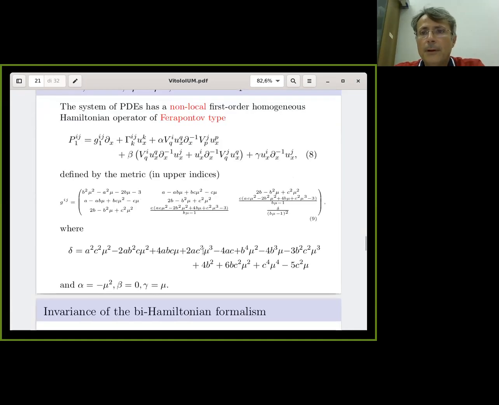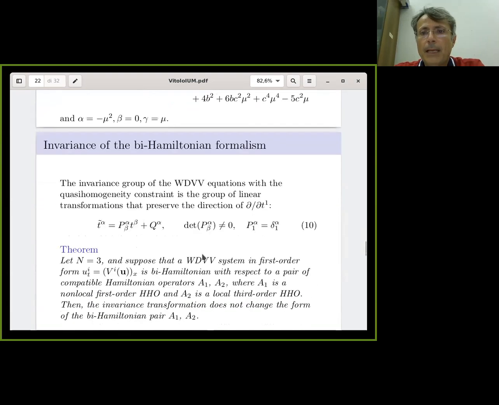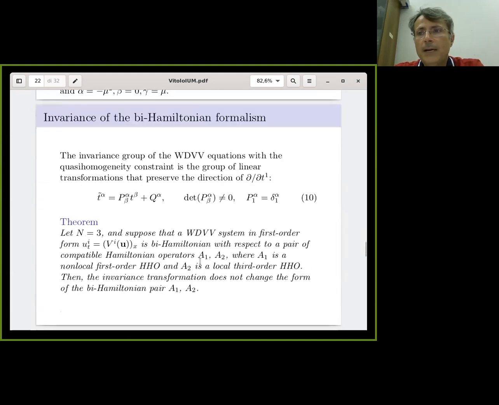Okay, so we can go ahead and speak a little bit about invariance. So we have an invariance property. The WDVV equations are invariant under linear transformations that preserve the direction of d in dt1. So they have the following form, and the determinant of P alpha beta is different from 0.